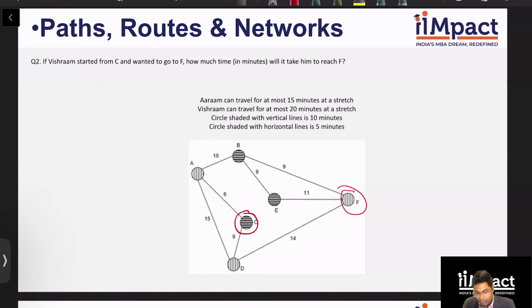So clearly, I already figured this out, that CAB is that route where I am taking 16 minutes. Then again, B is very conveniently a horizontal circle, so 5 minutes there. And 9 minutes from B to F, which will give me a total of 30 minutes. And that's my answer. Simple.